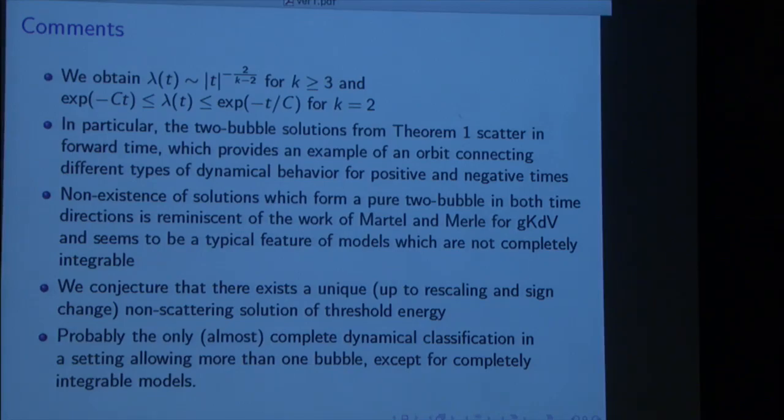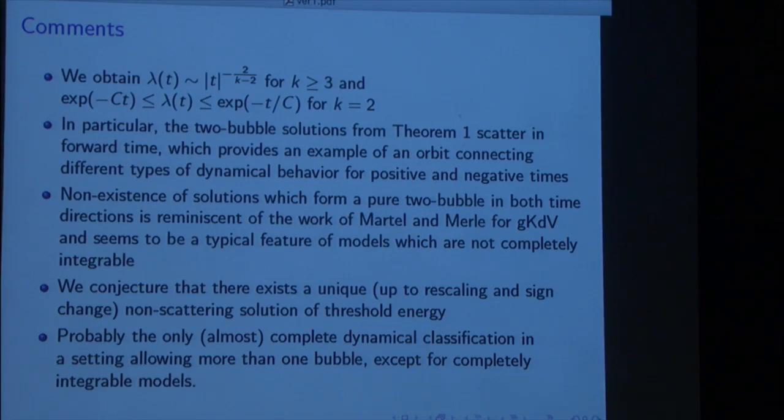Okay, so this is the concentration rate which we determine here, what it has to be. Of course, this is the same as in the paper about construction, an exponential rate of concentration for k equal to 2, which was not covered in the construction paper. Okay, so this is what I mentioned, that we proved these theorems which we know exist, and now we know how they behave in the other time direction.